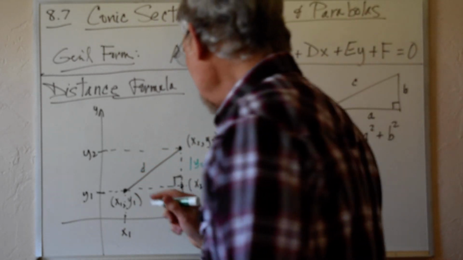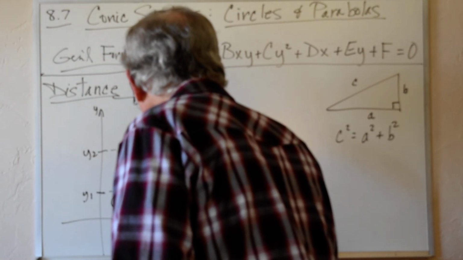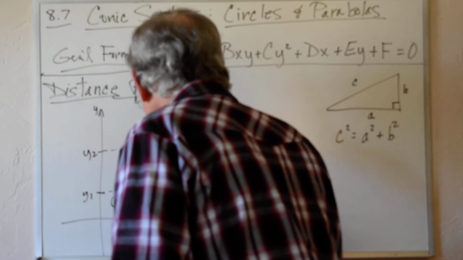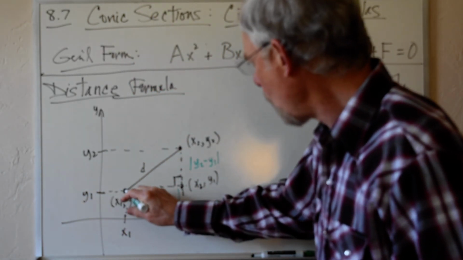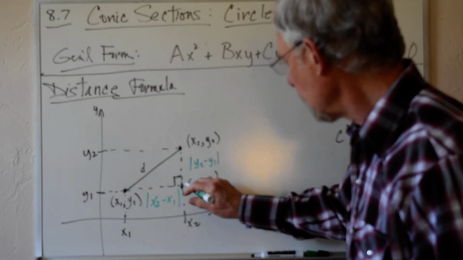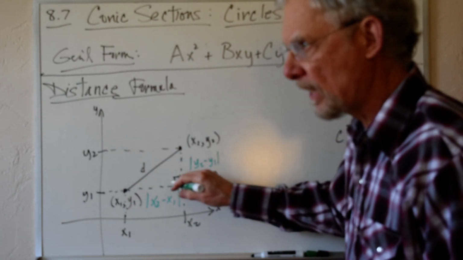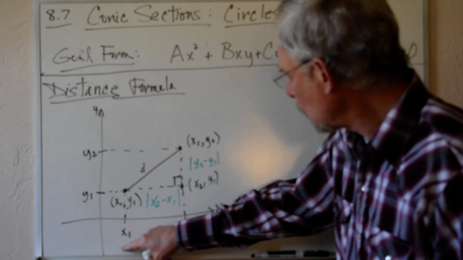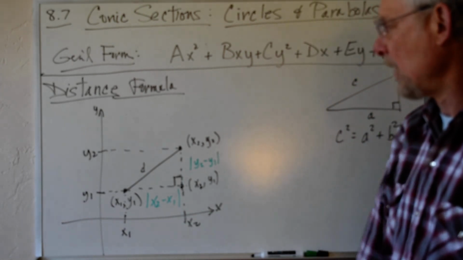By similar reasoning, the distance from this point to this point, in other words, this side of my right triangle, is x2 minus x1, and I wrote it as absolute value.